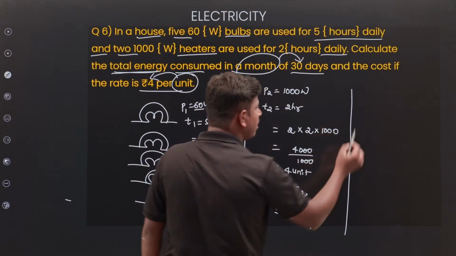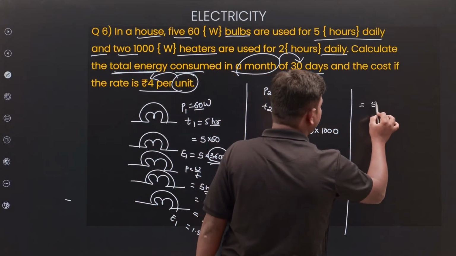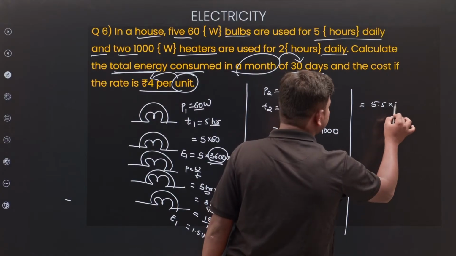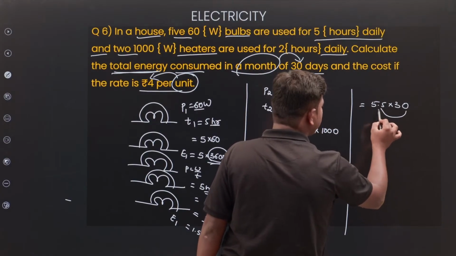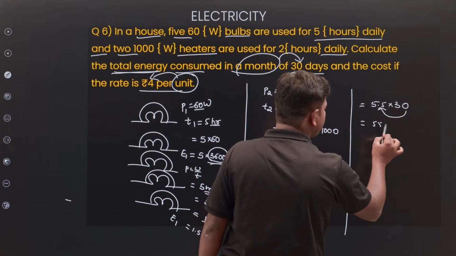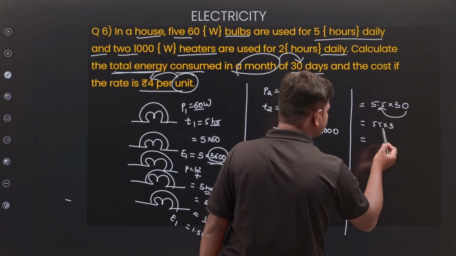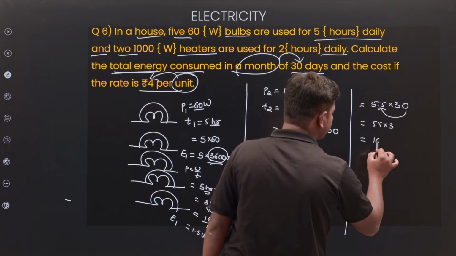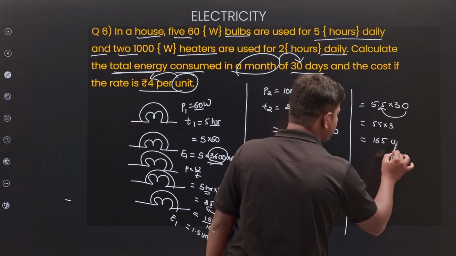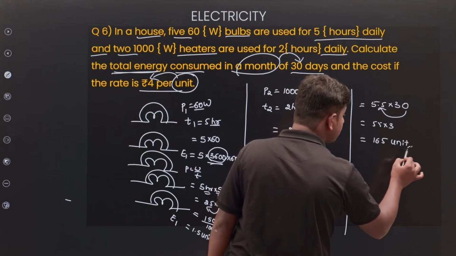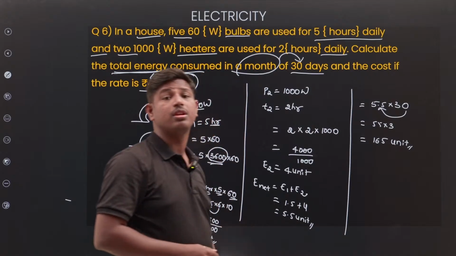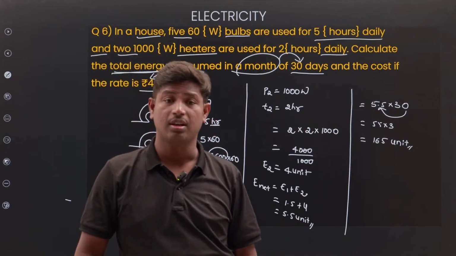Then 30 days: 5.5 into 30, so 55 into 30, 165. 165 units in a month of 30 days.